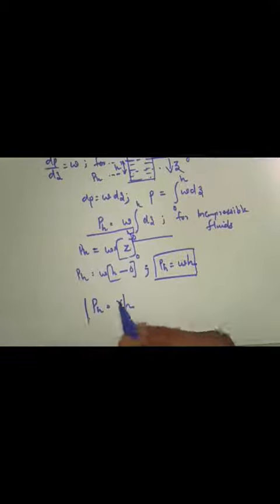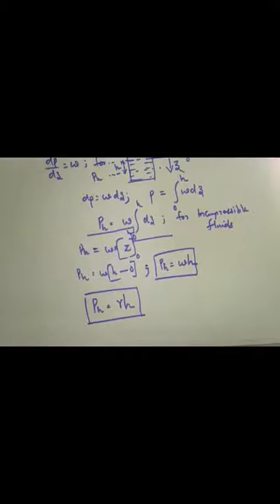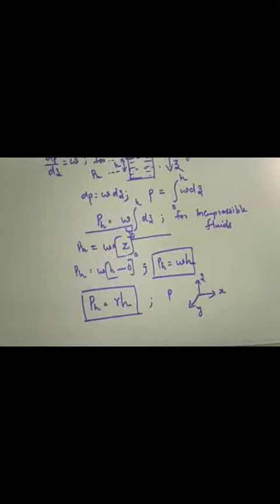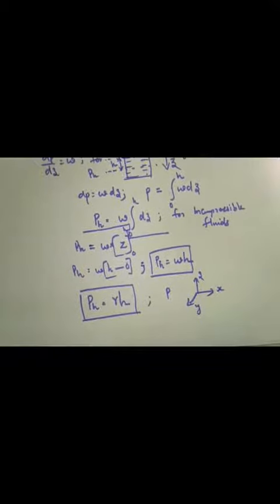This is the pressure at any point in a liquid, and this pressure is not varying with respect to the x and y axes for a static fluid. It will be varying only with respect to the z axis, so the pressure is constant throughout a horizontal plane.